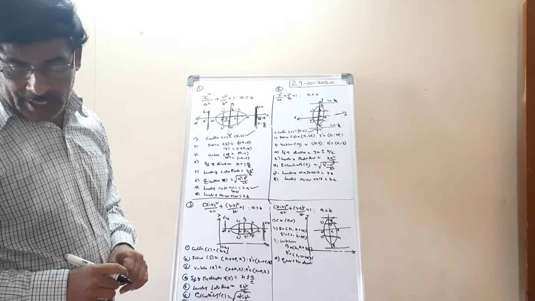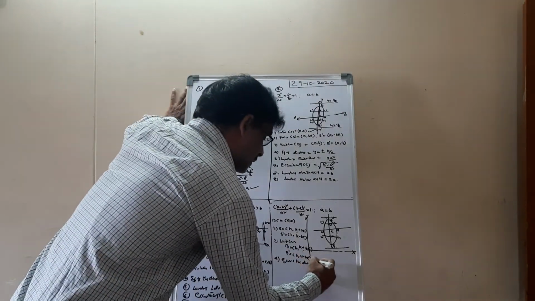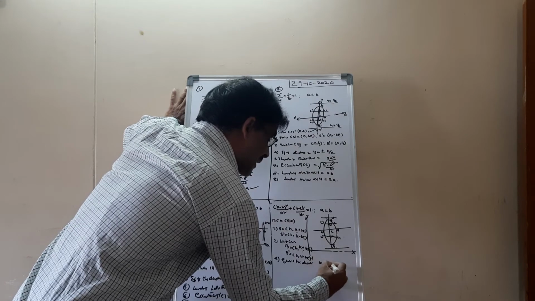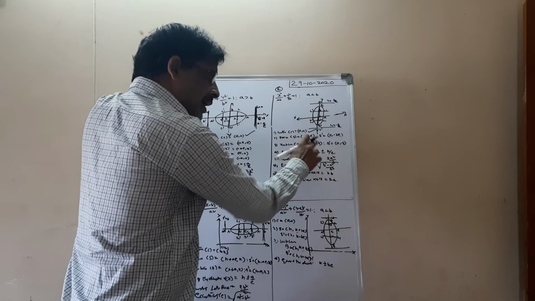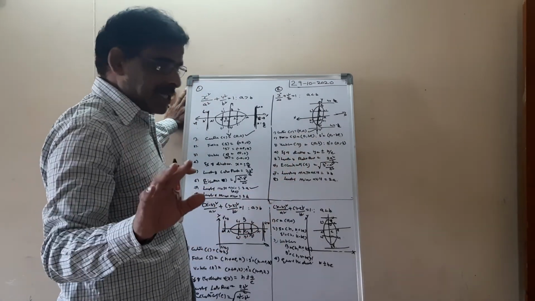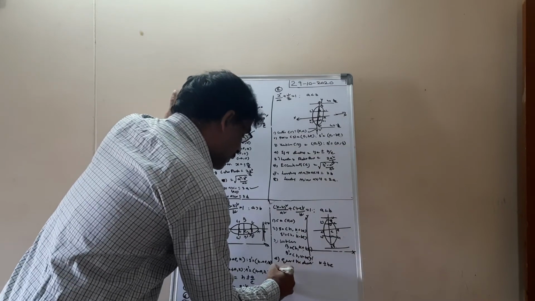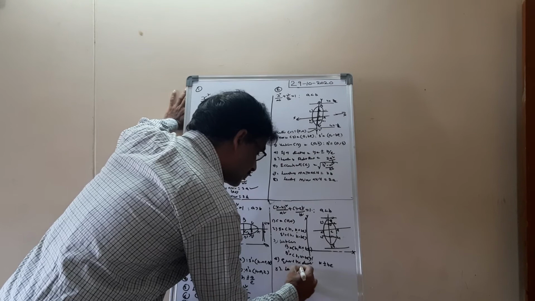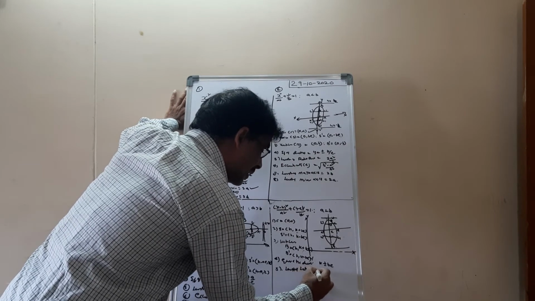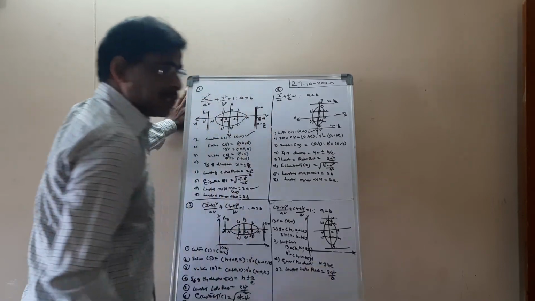When the center is at the origin, the directrix is y equals plus or minus b by e; here I have to add k, so y equals k plus or minus b by e. Next, the fifth one, the length of the latus rectum, is the same, 2a square by b. There will be no change.